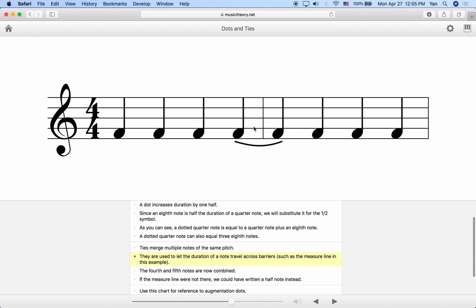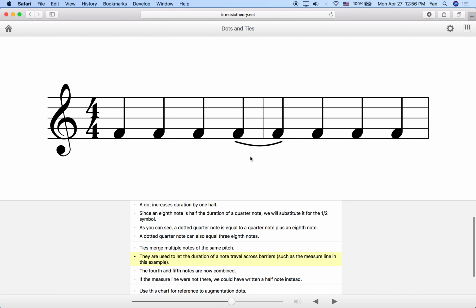Now, here, if we had wanted to write a half note on the fourth beat of the 4/4, we would have ended up with 5 beats in this first bar, 5 quarter notes specifically. And that is, of course, not allowed in a 4/4 bar.